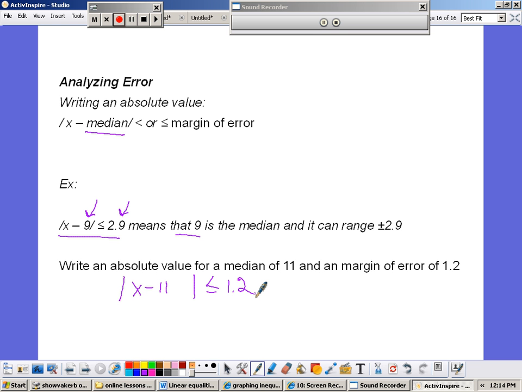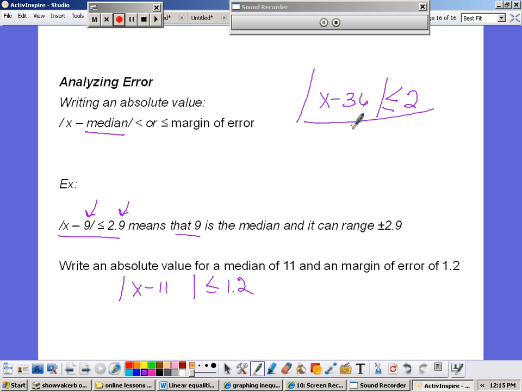Now, when would you use this? Let's say you were putting in a handrail, and the handrail had to be 36 inches off the ground as a median, and you were allowed a 2-inch up or down variation. Well, if I was writing that, my median would be 36 inches, and I was allowed to go up or down 2 inches, which means I could go to 38 inches or down to 34.